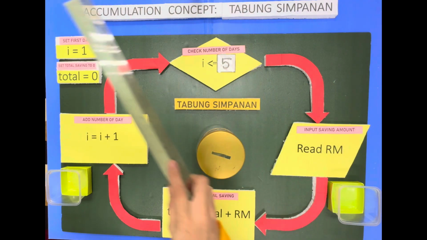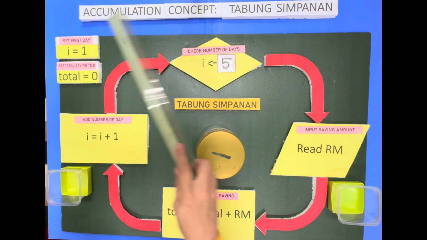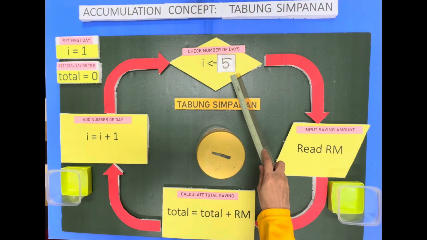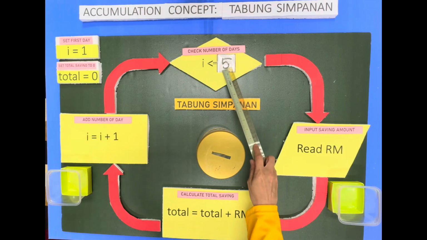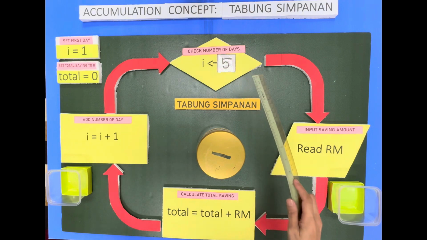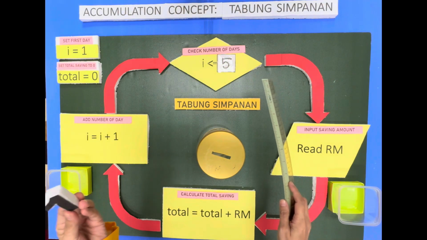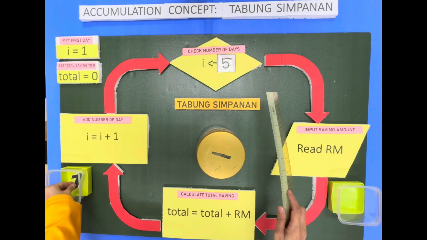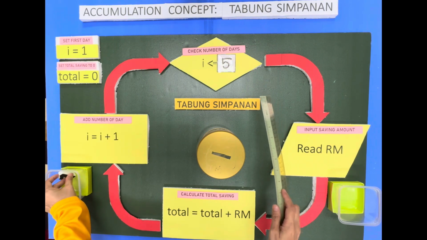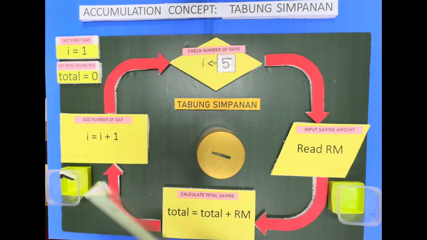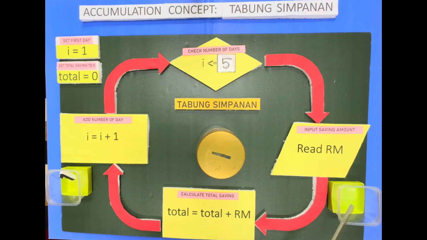As of now, I is 1 and the condition is I less than or equal to 5. So I is 1, so we put 1 in our variable I. We have two containers here, one for I and a temporary container for RM.